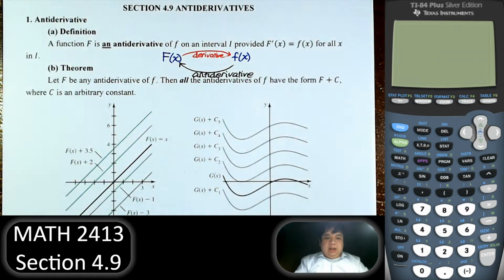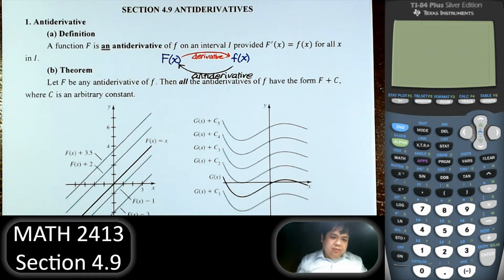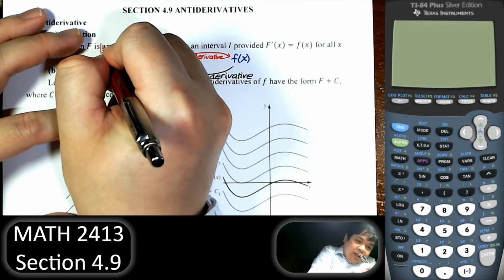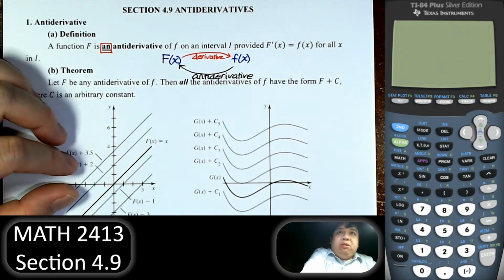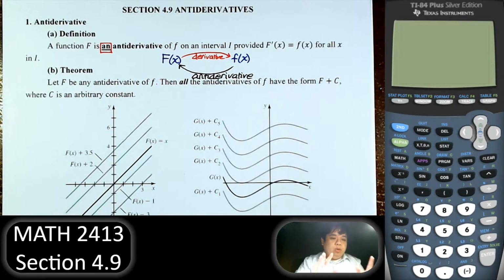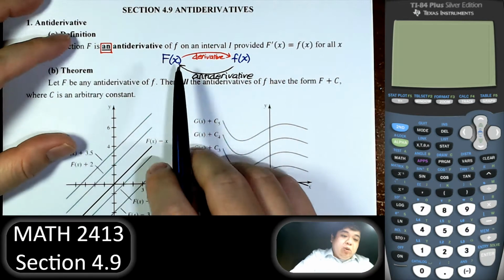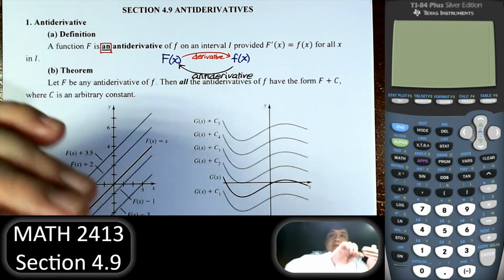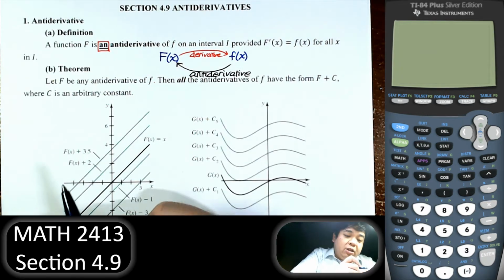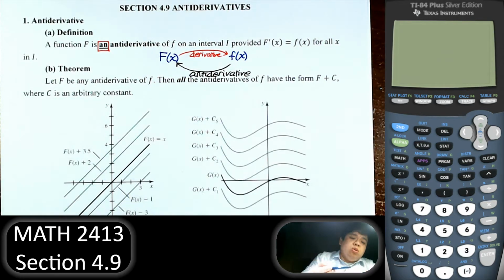Now there's a problem to this. The key word here is "an" antiderivative. Of course, when we go to some examples, we will see why. But the first thing we need to know is that antiderivative is the opposite direction of the derivative. So, let's go to a theorem.